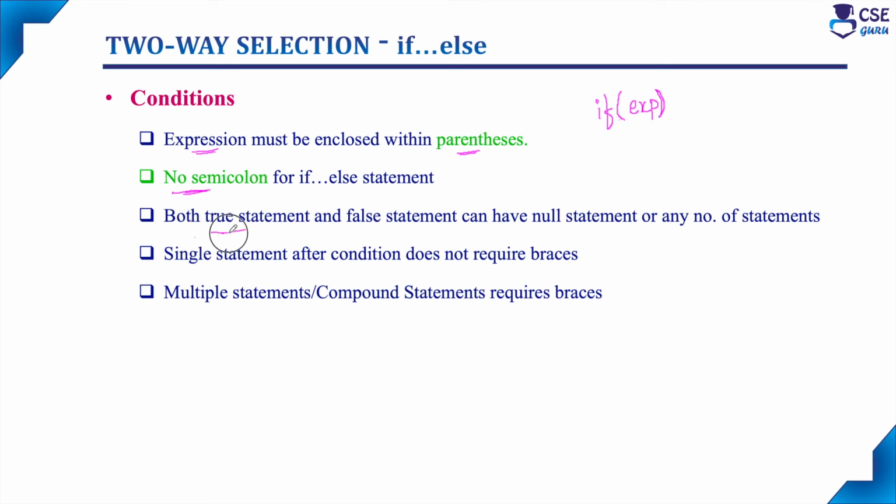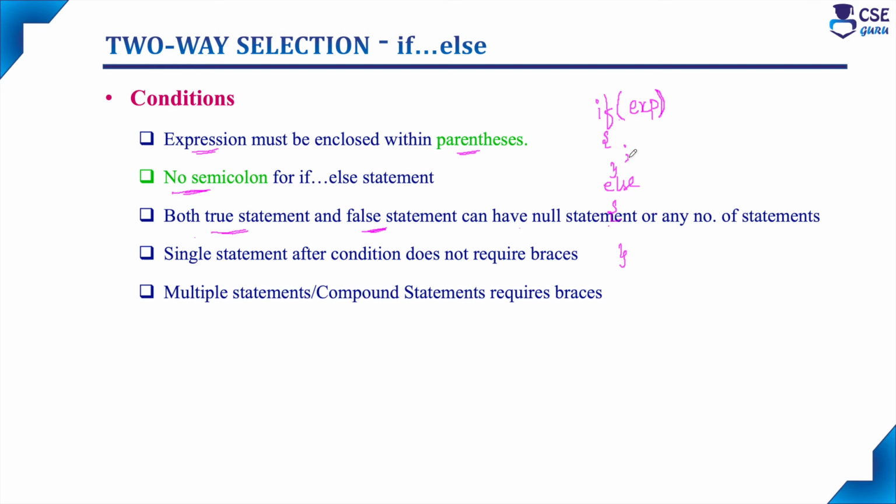Both the true statement and the false statement can have a null statement. If the condition is true, this part will execute, and if the condition is false, that is the else part, the else part will execute. Here, for both the true statement and the false statement, we can simply specify a null statement. This null statement we will discuss as the next topic.